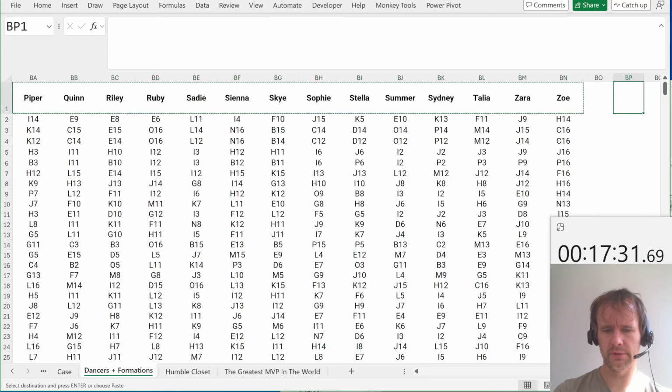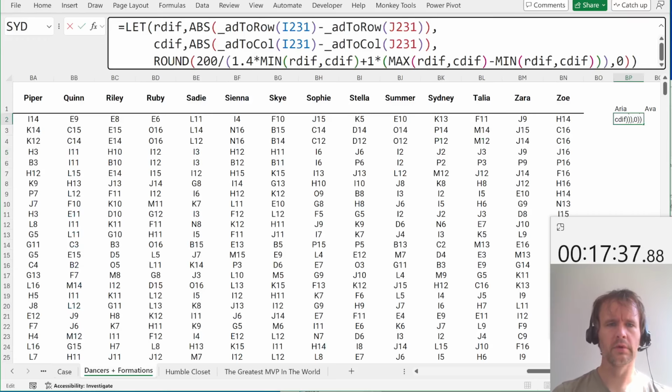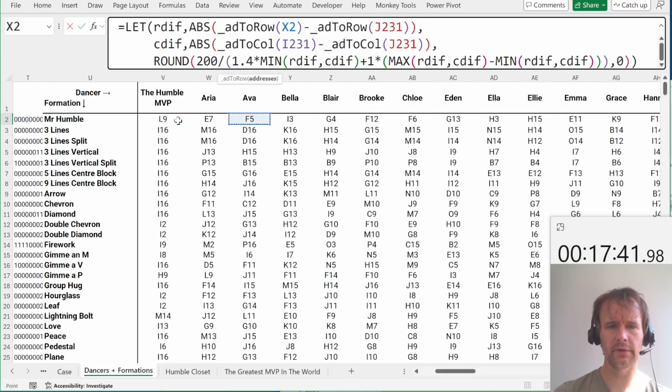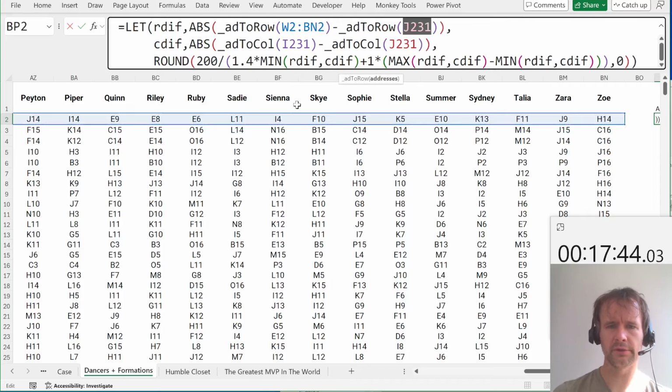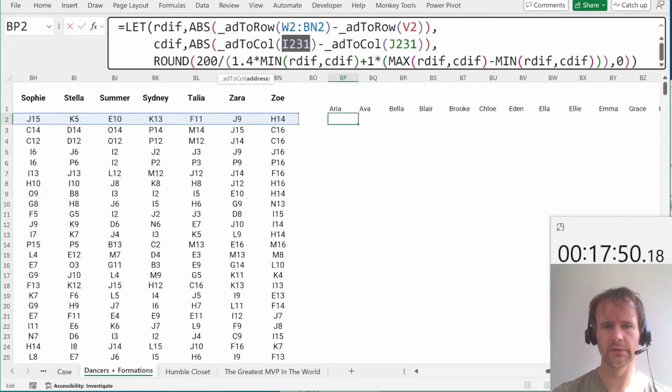So for each of these, I want to do this formula. I'm going to calculate for this versus this, and then the same thing for this versus this.